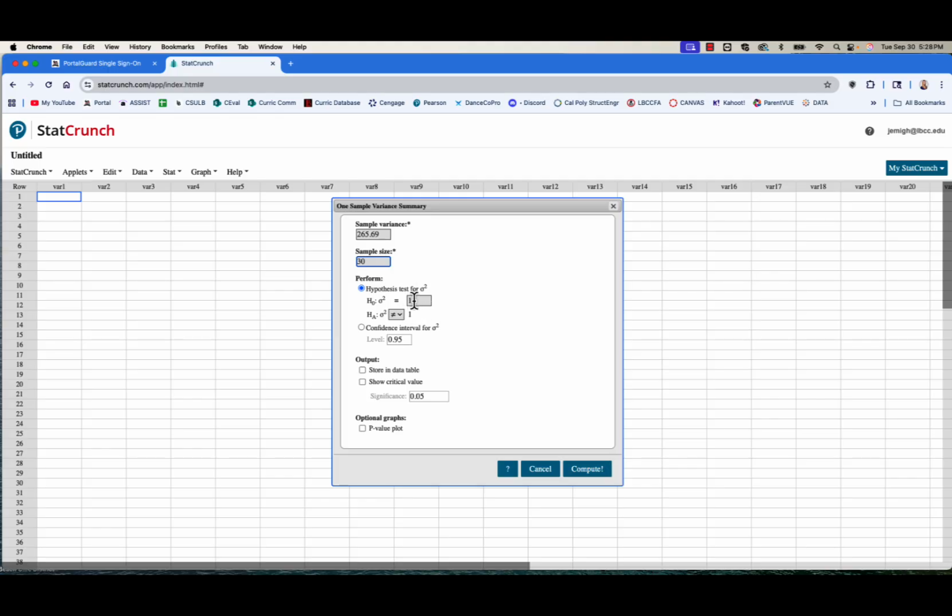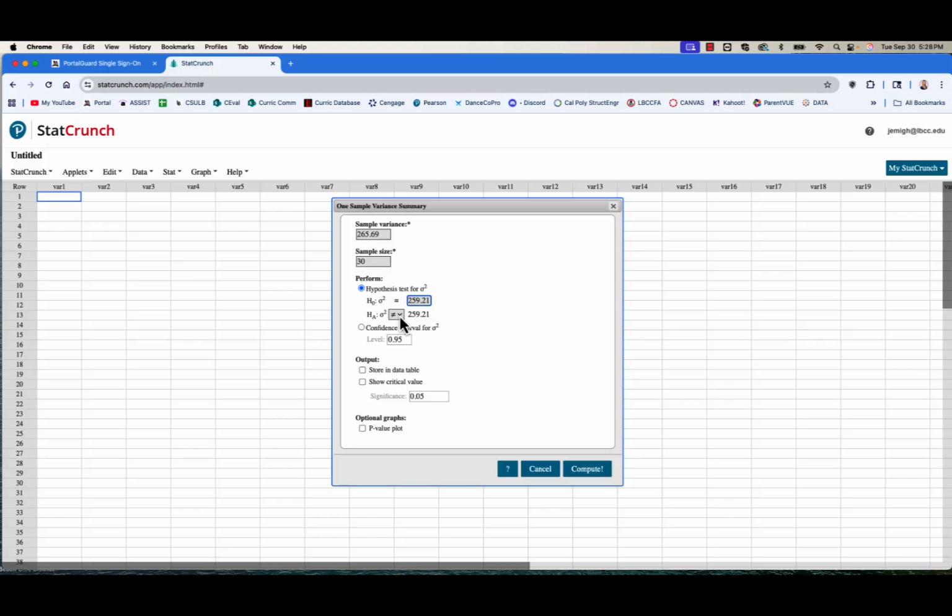and null hypothesis, tempting to put 16.1, but that was our null hypothesis for sigma. This is sigma squared, so we have to take 16.1 and multiply it by itself. Again, program won't do it for us, so take your calculator, do 16.1 squared, you should get 259.21.